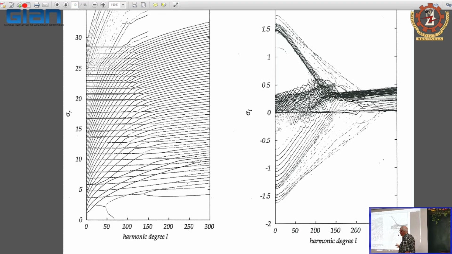So we may consider the diagram which we saw for L equals 0, for the spherically symmetric perturbations of Wolf-Rayet stars as a function of mass, to be generated by the merging of modes with decreasing harmonic degree, forming strange modes.